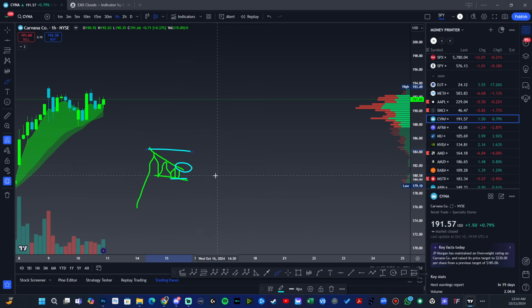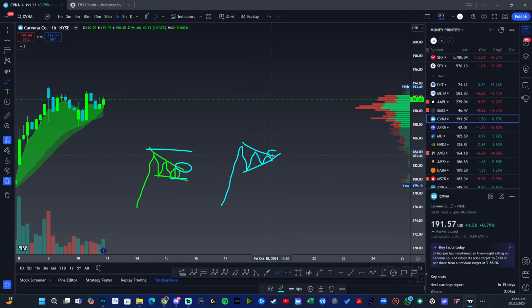Okay. Now, what is a pennant, right? We have the move to the upside, and we have higher lows, lower highs, like this. Higher lows, lower highs. Right, so you can see how it's a little bit different. It's the same pattern, it's just a different angle.